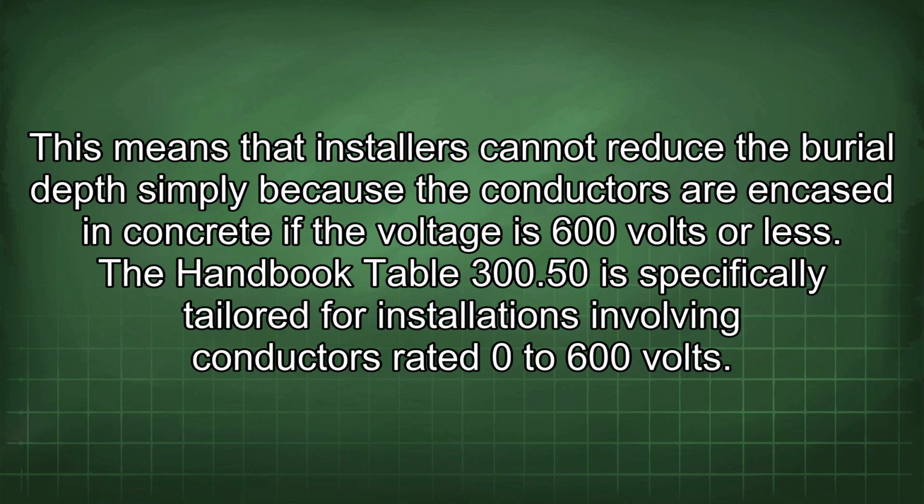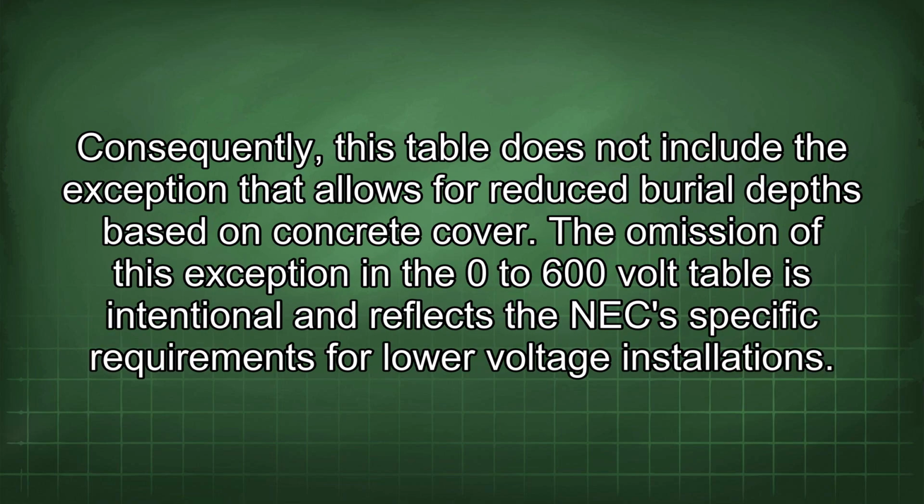The Handbook Table 300.50 is specifically tailored for installations involving conductors rated 0 to 600 volts. Consequently, this table does not include the exception that allows for reduced burial depths based on concrete cover. The omission of this exception in the 0 to 600 volt table is intentional and reflects the NEC-specific requirements for lower voltage installations.